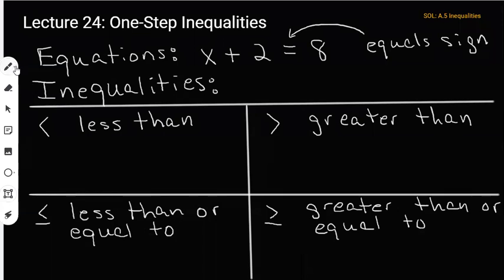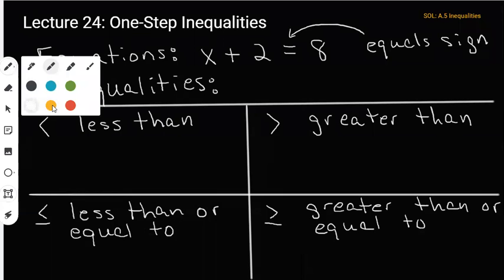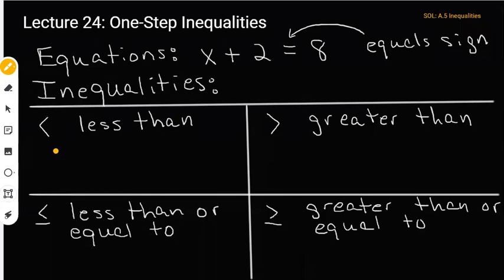So let me change my color to yellow. Okay, so for the less than symbol, we're always going to be shading to the left. So I'm going to write shade left. The reason why we're shading to the left instead of to the right is because this inequality symbol is pointing to the left.